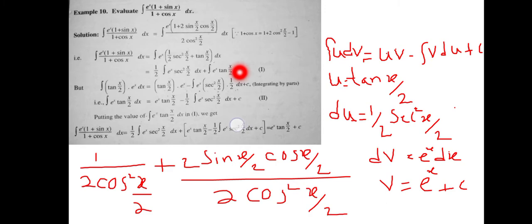Now integrate e raised to the power x tangent x/2 dx. To integrate it, we will use the formula of integration by parts. This is the formula for integration by parts: integral u dv is equal to uv minus integral v du plus constant of integration. Here we can see that this is the trigonometric function and this is the exponential function. By using the ILATE technique, we can take the first function u as tangent x/2 and the second function dv as e^x dx.